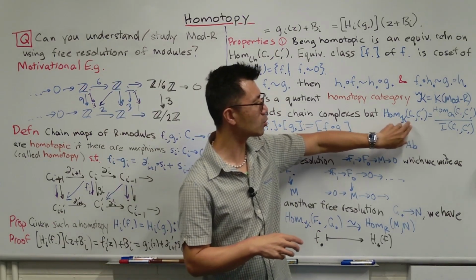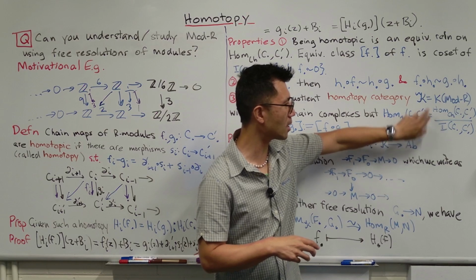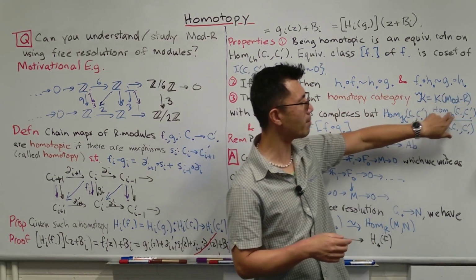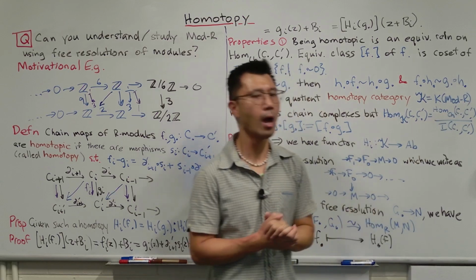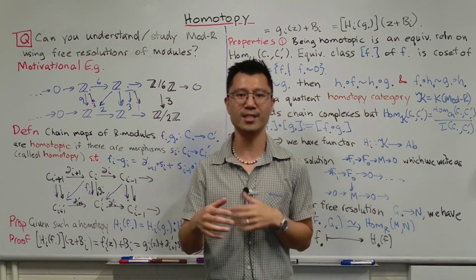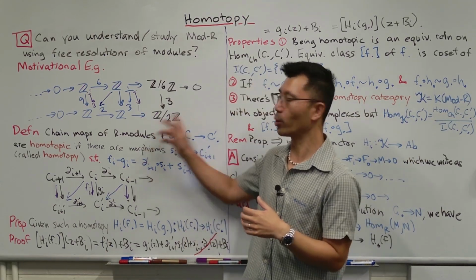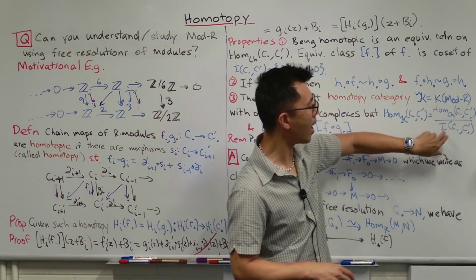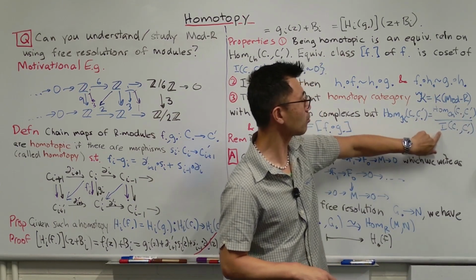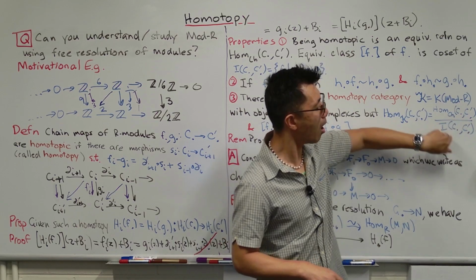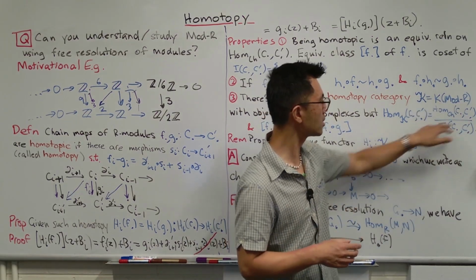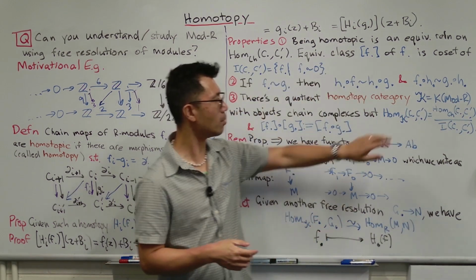For the Hom sets between two chain complexes C dot and C prime dot, we start with the abelian group of chain maps from C dot to C prime dot, but we're only going to look at equivalence classes with respect to homotopy. In other words, we mod out by this subgroup I of C dot, C prime dot, of chain maps which are homotopic to 0. Okay, so these are the Hom sets.